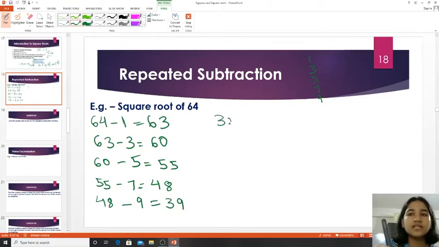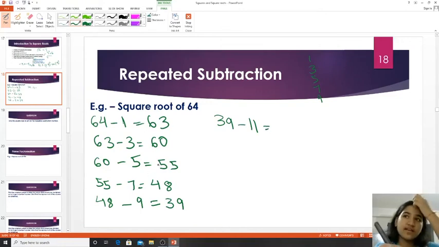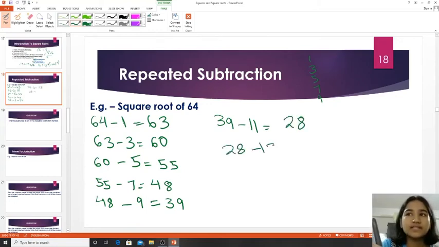Then 39 minus 11. See, 1, 3, 5, 7, 9 and now 11. So it's going in order, right? It's going to be 28. 28 minus 13 is going to be 15. And 15 minus 15 is equal to 0.